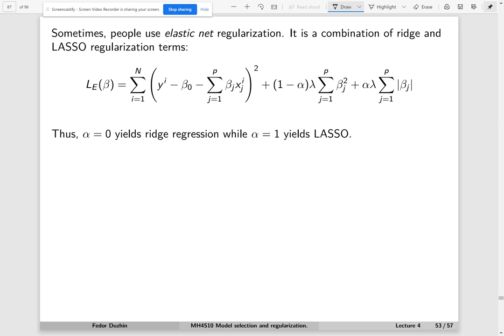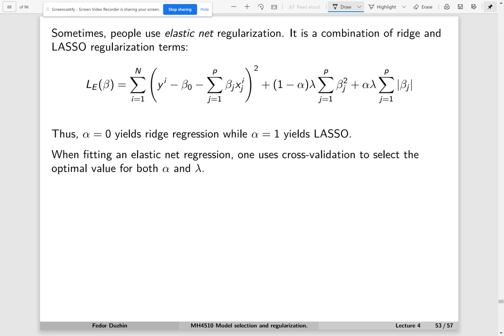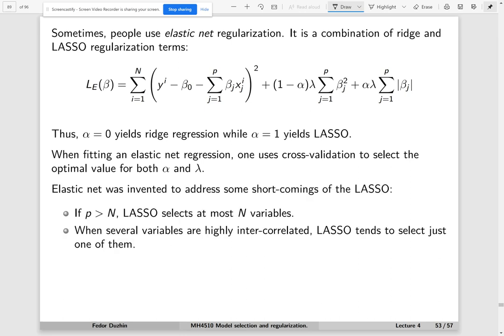This is going to be important in the computer lab, because in R, we just have this elastic net, and if we want to extract a ridge or lasso from this elastic net, then we need to specify the value of alpha. When we train this elastic net regression, we use cross-validation to select both optimal values for alpha and lambda.